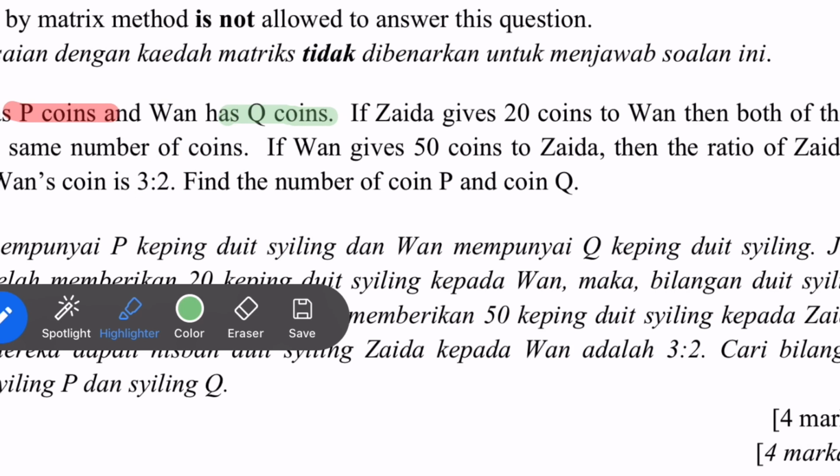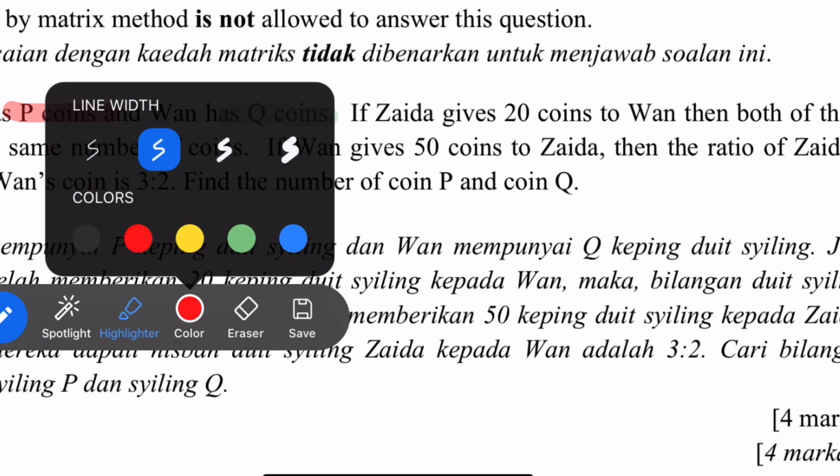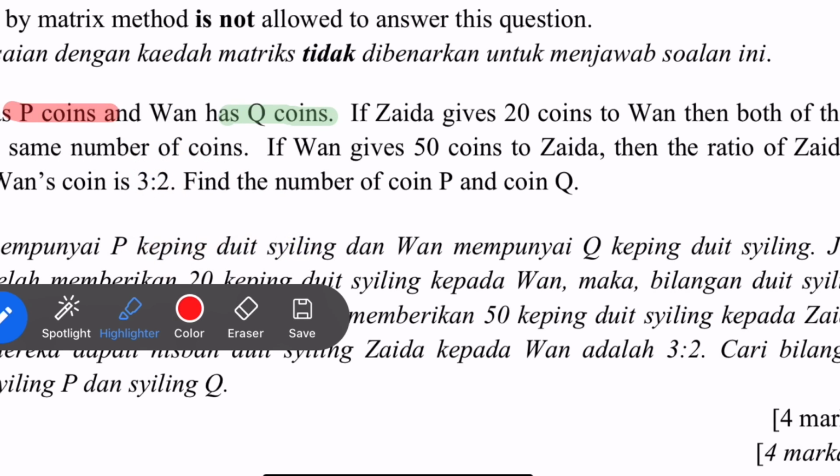You can let unknown X be P or unknown Y be Q, but I prefer to use P and Q so that I will not have to worry about X and Y. So I will use unknown P and unknown Q as my equations later on. After you understand the question, you highlight Zaida gives 20 coins.